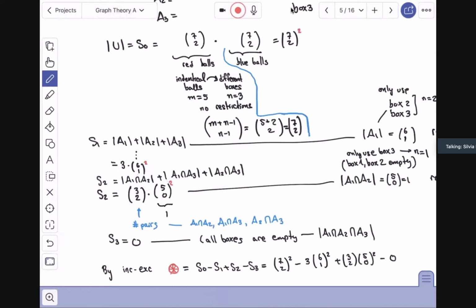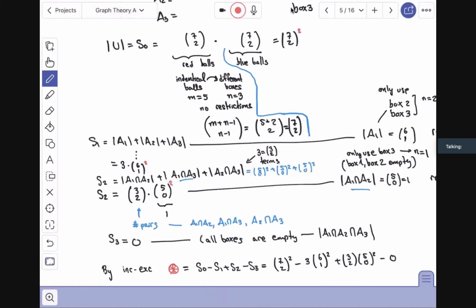So this 3 choose 2 is just 3 terms. And for each one of those terms, I get 5 choose 0 squared. This is just 5 choose 0 squared when I do A1 and A2, plus 5 choose 0 squared when I do A1 and A3, plus 5 choose 0 squared, which are ones, by the way, but in case you had larger numbers or something, this is how that will look.